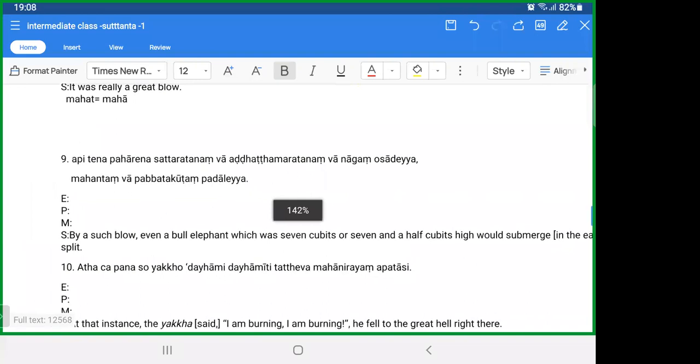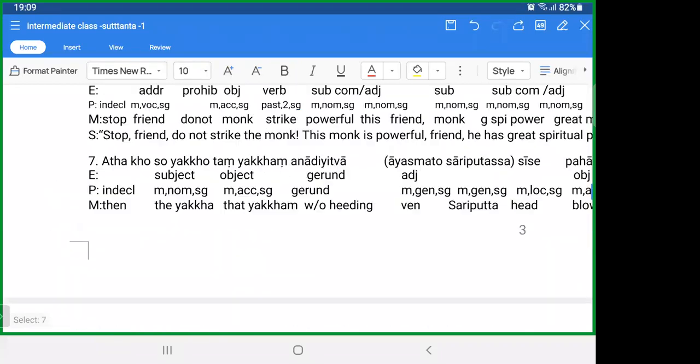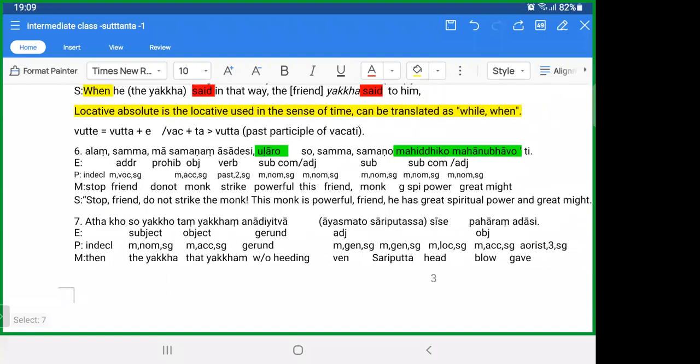Api tena paharena sadaratanam wa ada ma ratanam wa nagam osadeya mahandang wa pabatakulam padeleya. All right, remember this sentence, we are still talking about Sariputra sitting there meditating.